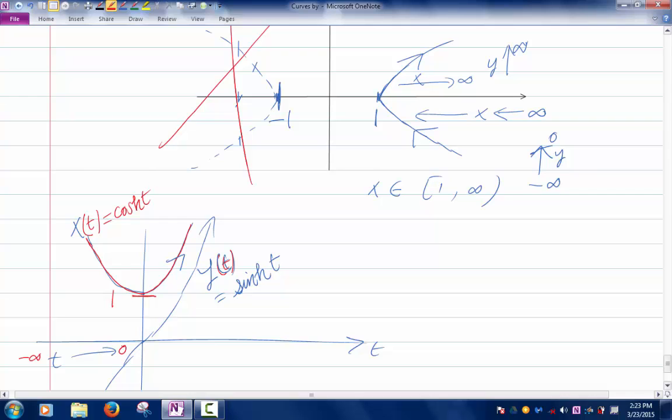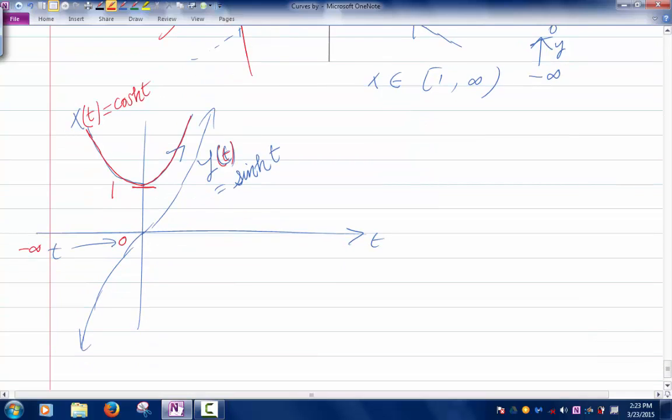You agree? What is happening to y? Y increases from negative infinity to 0, right? X decreases from infinity to 1. You agree?